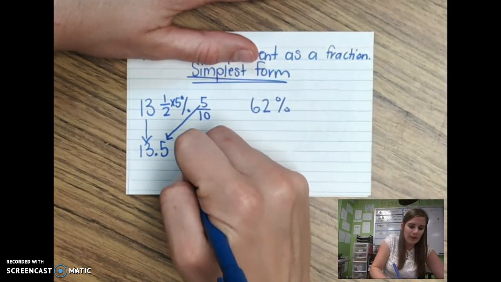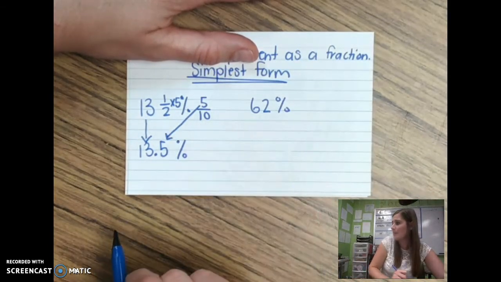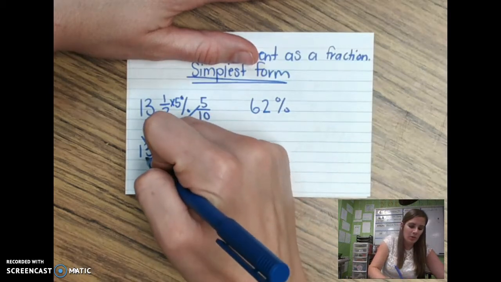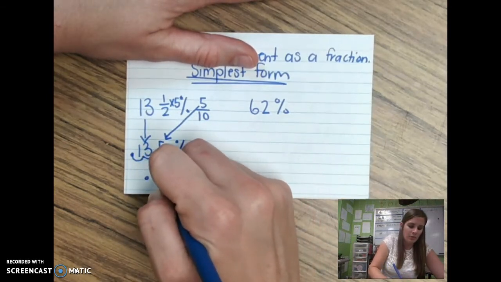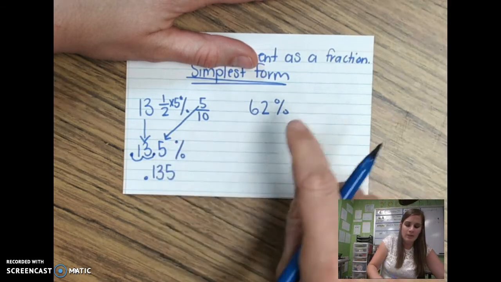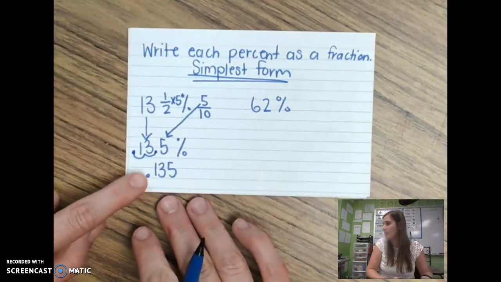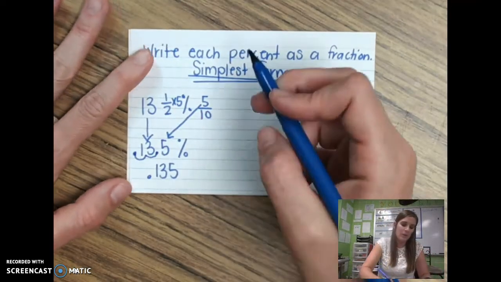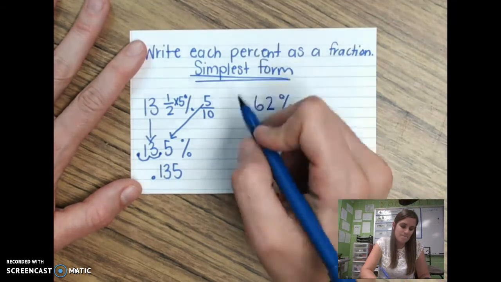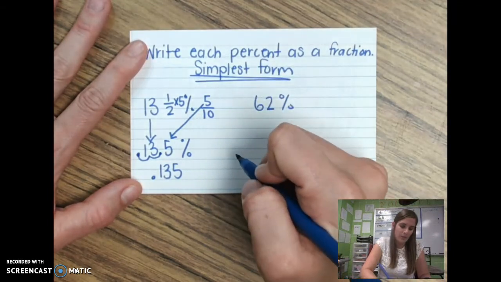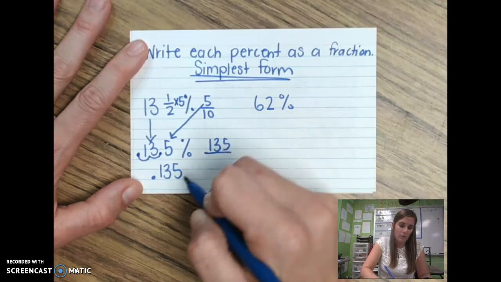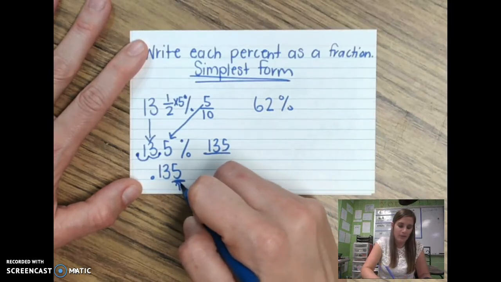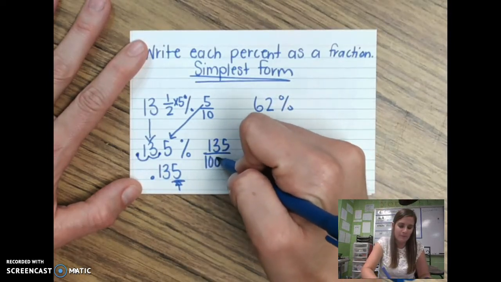Now this is still a percent, so we need to get that percent sign gone. So we're going to go 1, 2. And that's 0.135. So the percent sign's gone, and it's a decimal, but now we have to get into fraction form. So to do that, I'm going to put 135 over 1,000 because that number right here is in the thousandths spot.